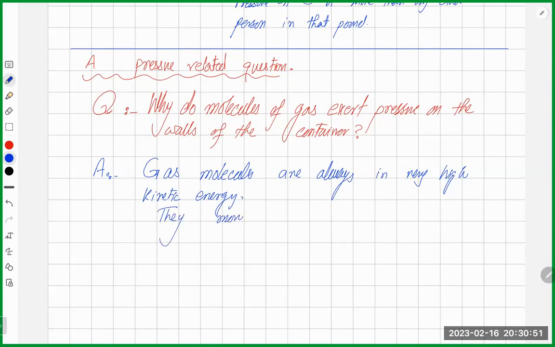They move and continuously hit the walls of the container.